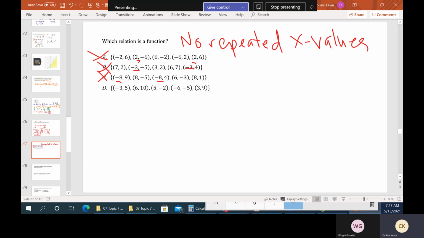So no. So we're assuming that the last guy's it, but let's make sure that they didn't mess up. So we get minus 3, 6, 5, minus 6, and 3. So they're all different. That's all you're looking for to tell if it's a function. Just make sure all the x values are different. And that's it. So that one's pretty easy. That'll be some easy points if they throw that one on there.